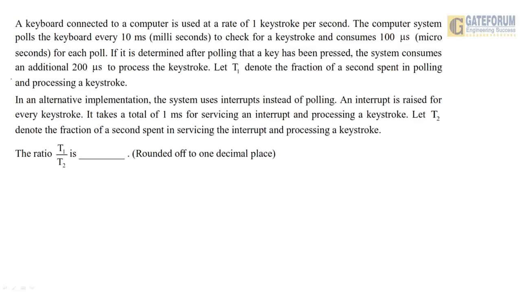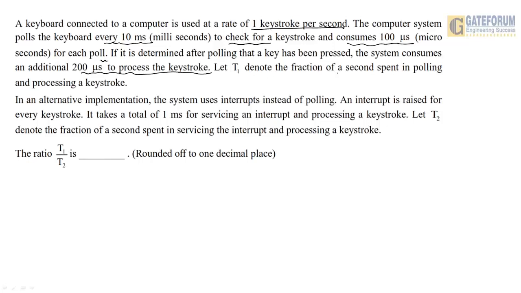Next, a keyboard is connected to a computer and used at a rate of 1 keystroke per second. The computer system polls the keyboard every 10 millisecond to check for a keystroke, and consumes 100 microsecond for each poll. If it is determined after polling that a key has been pressed, the system consumes an additional 200 microsecond to process the keystroke.